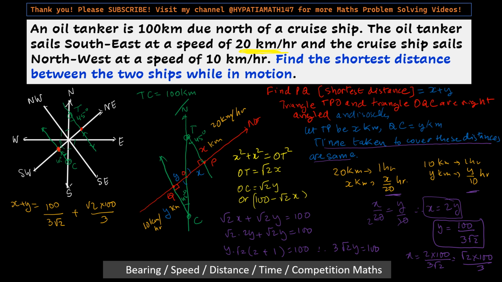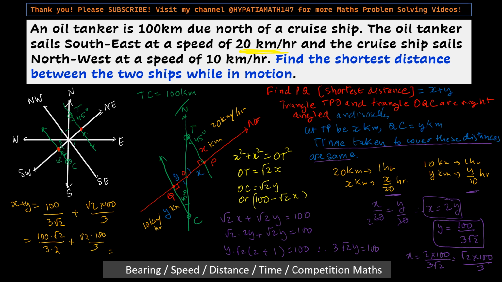So I could multiply both the numerator and denominator. I'm going to write it again instead of trying to write it there. So that can be written as 100 times root 2 divided by 3 times 2, plus root 2 times 100 out of 3.